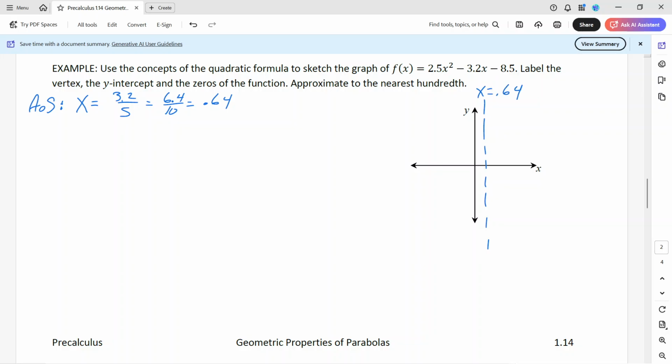Well, what about that y value? So on my calculator, here's what I would do. I would type 0.64 store as x, and then just turn right back around and type 2.5 x squared minus 3.2x minus 8.5.